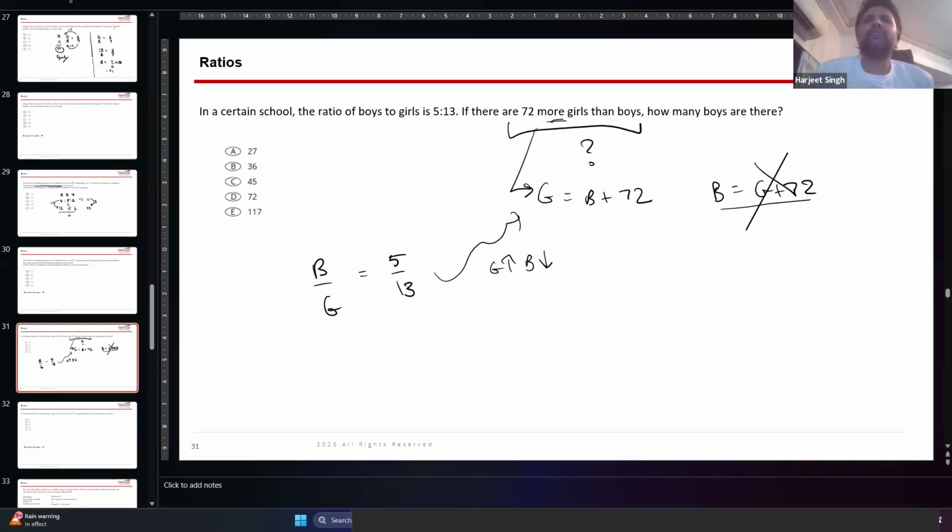So always go back and check with respect to the other equation if possible, or by identifying which is the higher entity or larger variable. All right, so this was related to ratio. Another question.